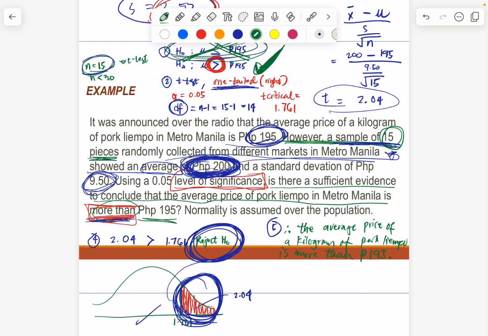Okay, if you wanna go the extra mile, so you can also sumpay it with, or you can also state here nga there is sufficient evidence to conclude that the claim is correct.